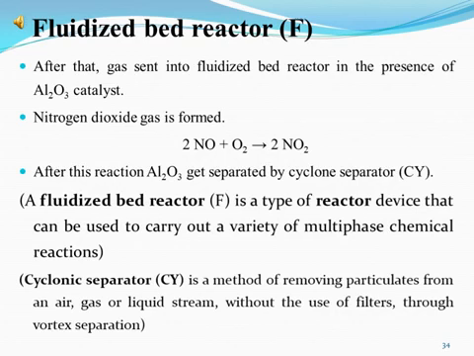Nitrogen dioxide is formed by the combination of nitric oxide with oxygen molecules. After this reaction, aluminum oxide is separated by cyclone separator CY. As you can see, nitric oxide combines with oxygen to produce nitrogen dioxide.